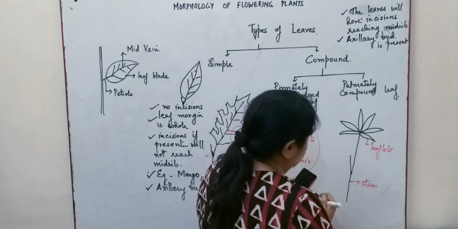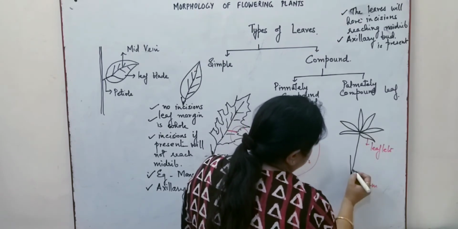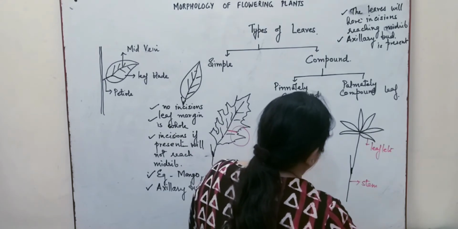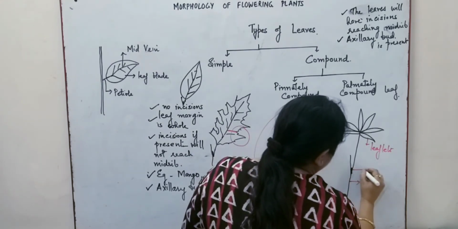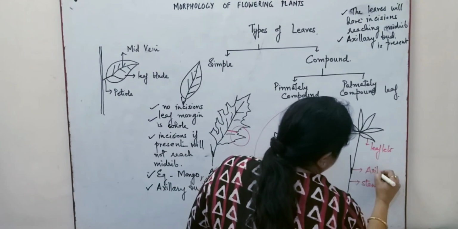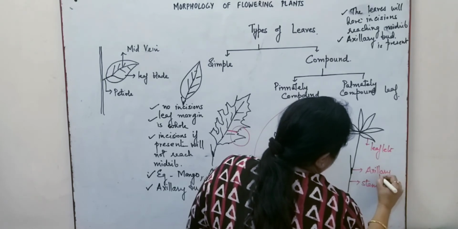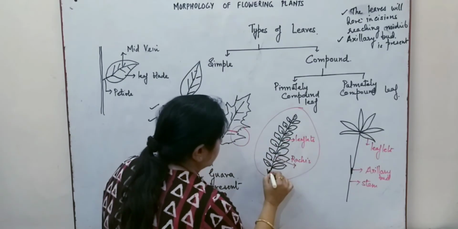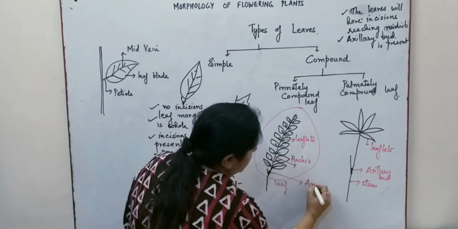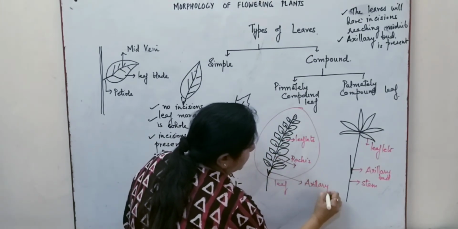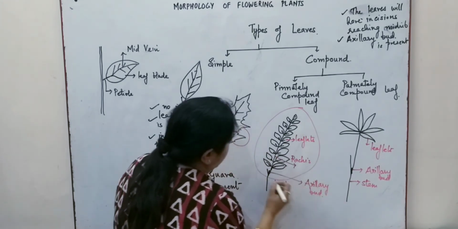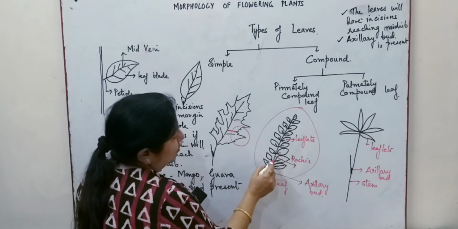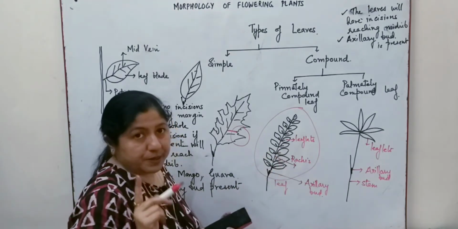Over here also you can see very clearly a petiole. An axillary bud is present over here, but it is not found to be present over here. Same over here, the axillary bud is present at the leaf base, but it will be missing from the leaflets.